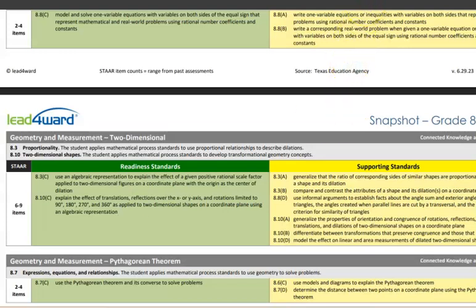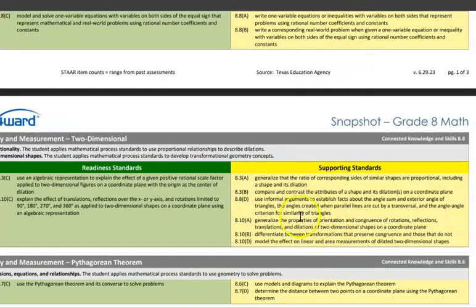You can come over here also and look at the standards that support that. And just see, we're going to talk in these standards more about rotations, reflections, translations, and you do see dilations here. That's not something we are going to cover in this lesson, just because we don't have the time to go into that.